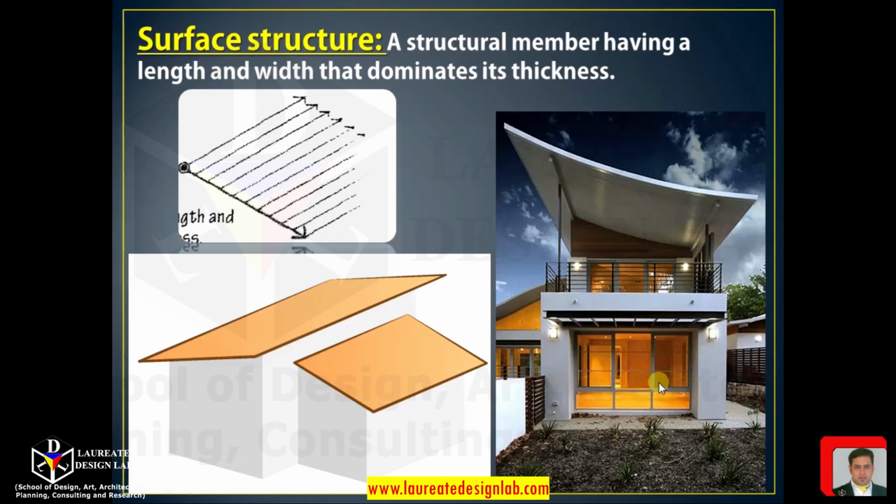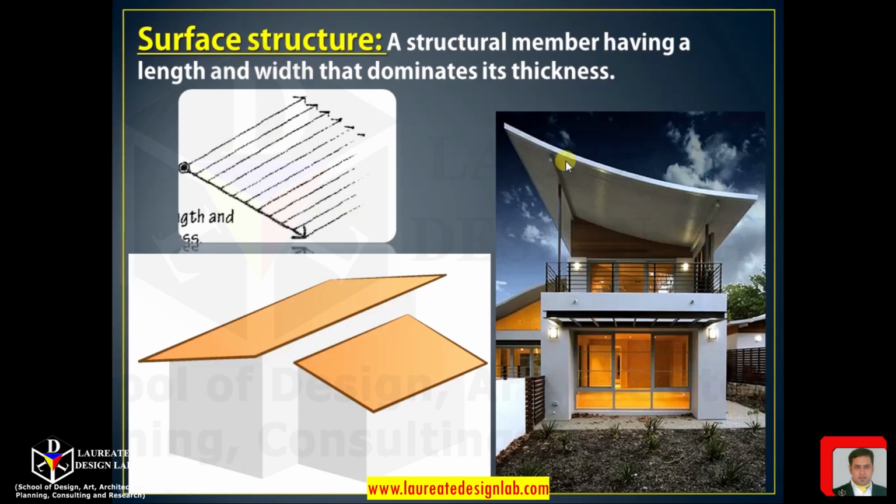Now we'll learn about surface structure. What is surface structure? A structural member having a length and width that dominates its thickness. So what it is trying to say is that surface structure will be the structure which is having negligible thickness, which is being dominated by the length and the width.